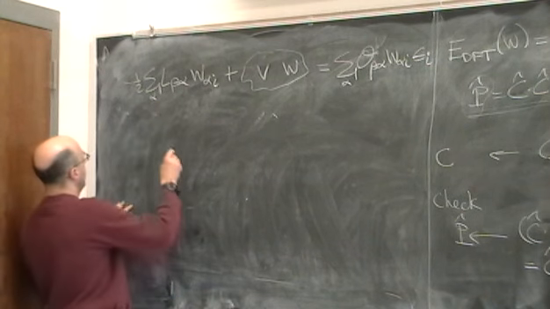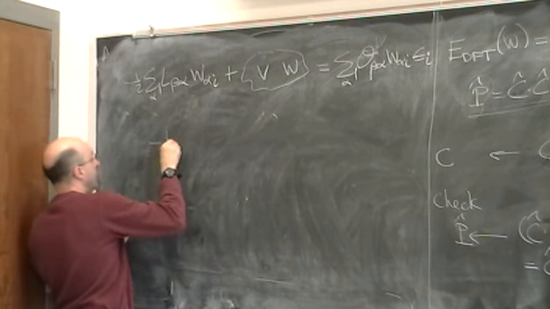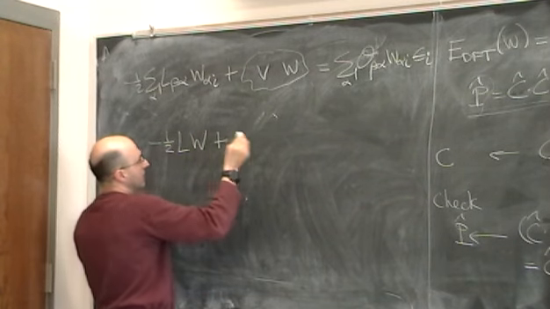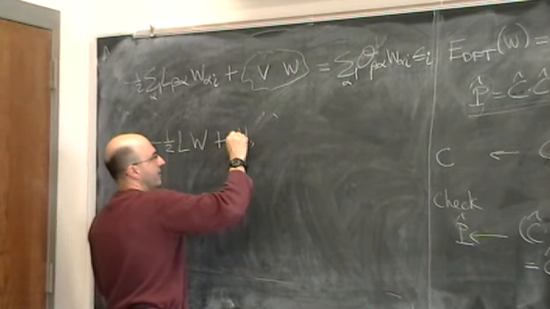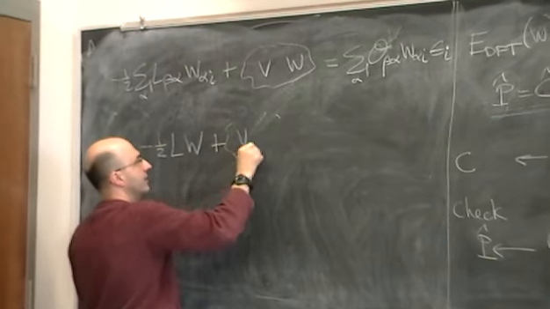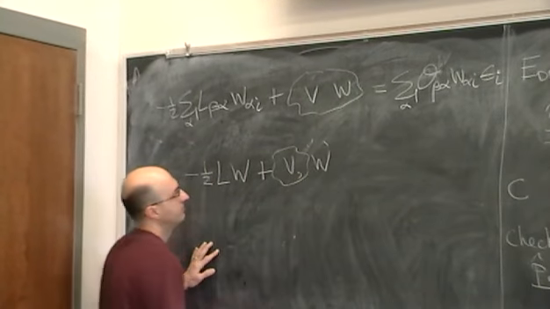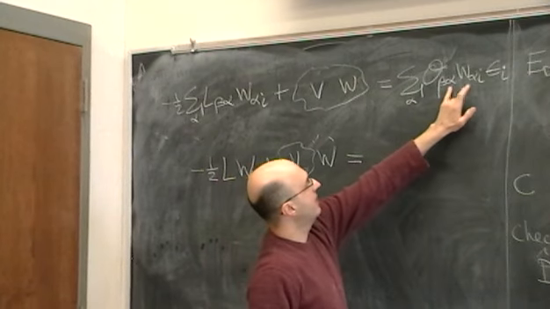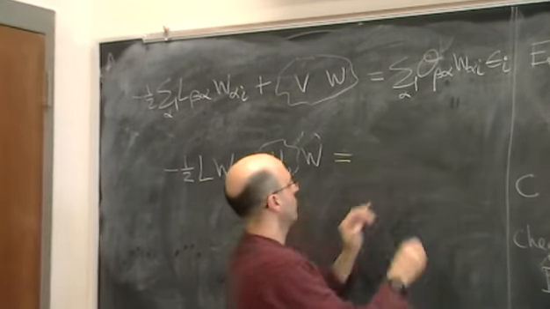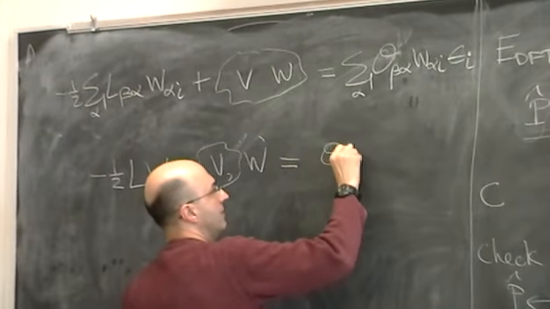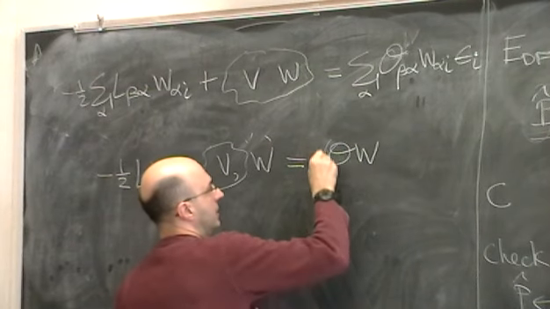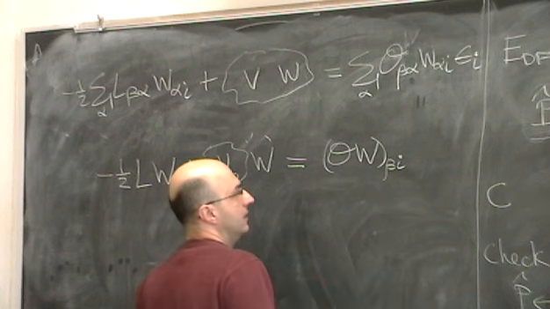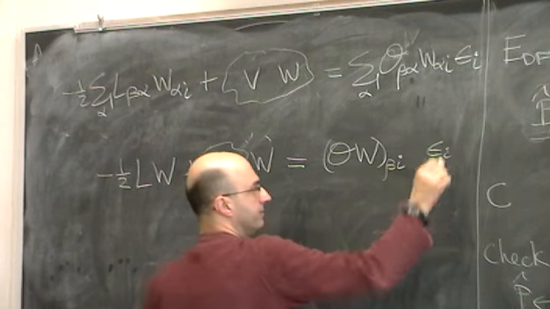Going into my matrix language, this will be minus 1/2 of L multiplying my matrix W, plus again some linear operator involving V acting on W, equals the sum on alpha, which gives me the product OW evaluated at beta i, and then times epsilon_i.